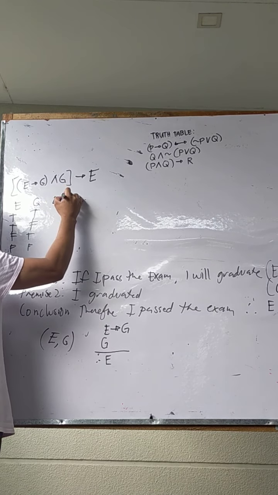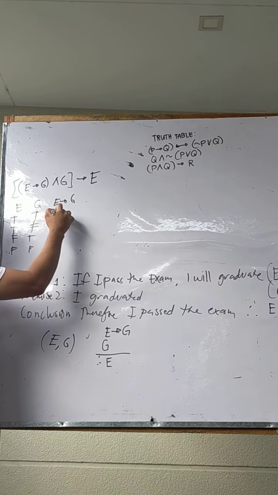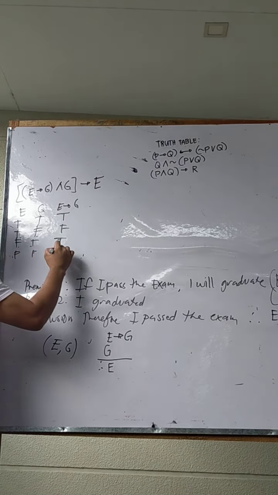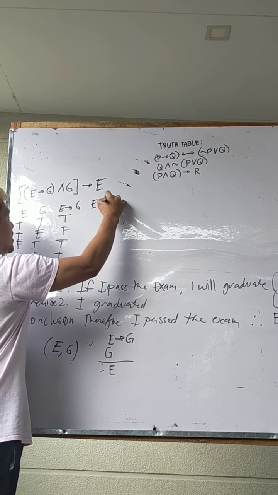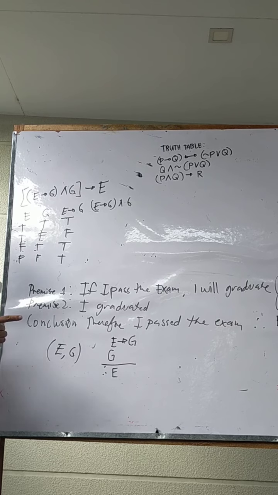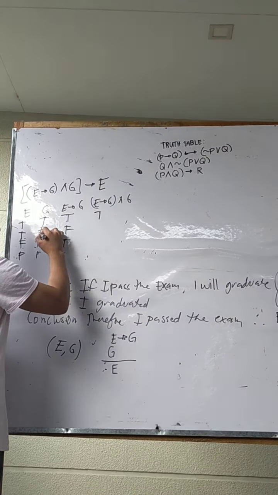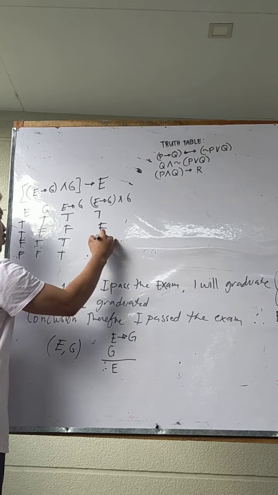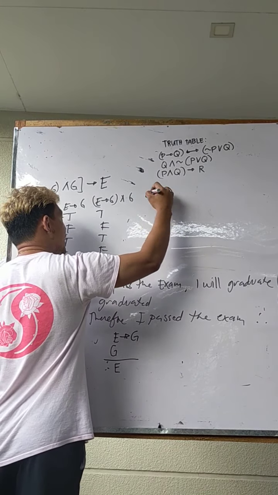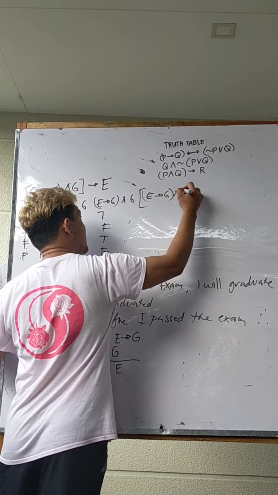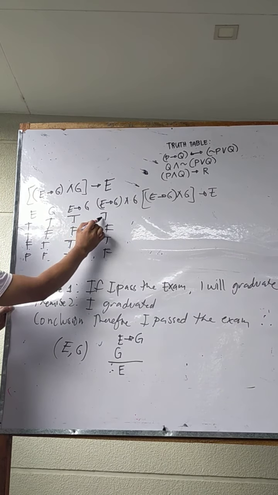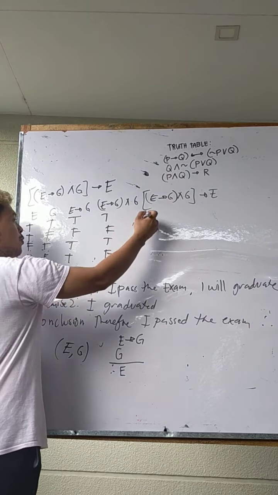Next, we have E implies G. We have TT true, TF false, FT true, and FF true. Then we have E implies G and G. In order for it to be true, both should be true: true, true, true. The rest, false. Then, E implies G and G implies E. True implies true, that will be true.